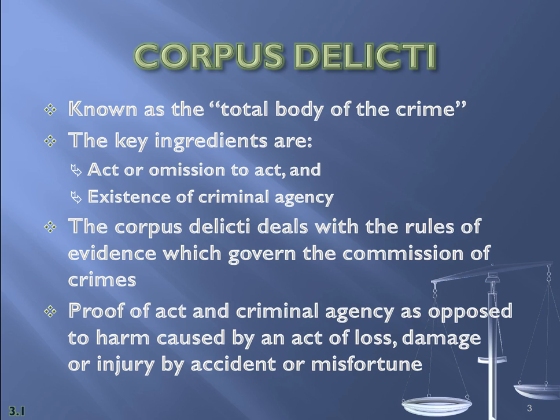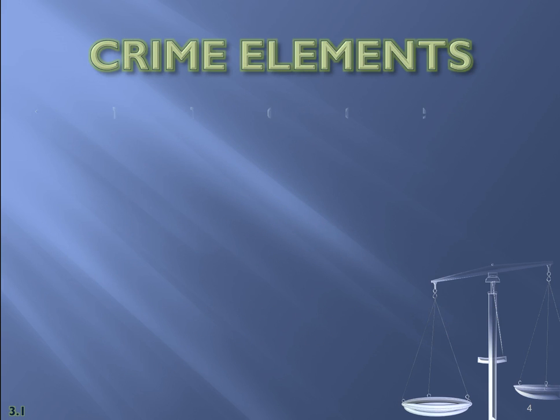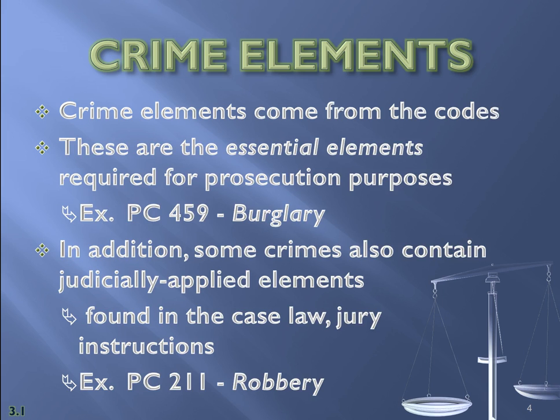So the corpus delicti, or substance of the crime, is in essence applicable to any crime and relates particularly to the act, element of criminality, that a certain prohibited act has been committed or result accomplished, and that it was committed or accomplished by a criminal human agency. So hopefully that clears up some of the things that are out there.